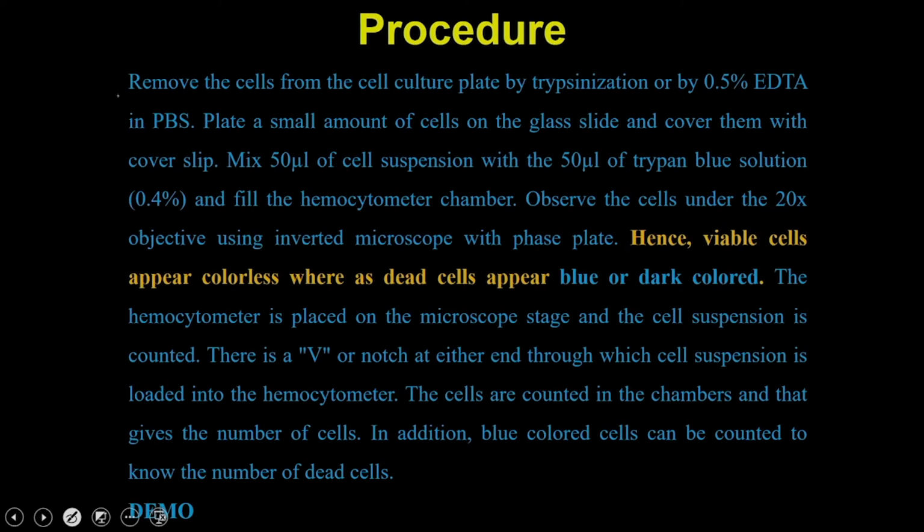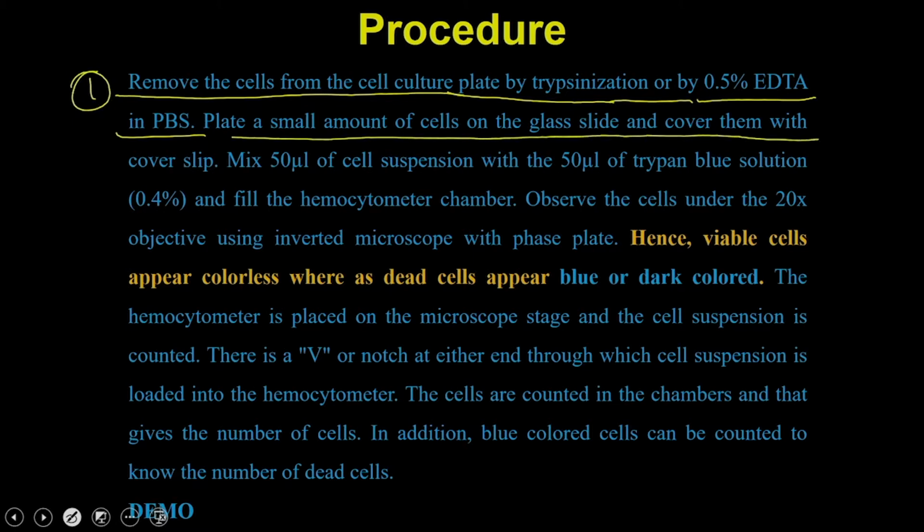In step 1, you have to remove the cells from the cell culture plate, either by trypsinization or by 0.5% EDTA. Then you plate a small amount of cells on a glass slide and cover them with a cover slip.